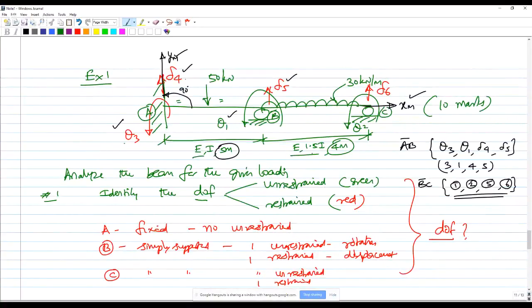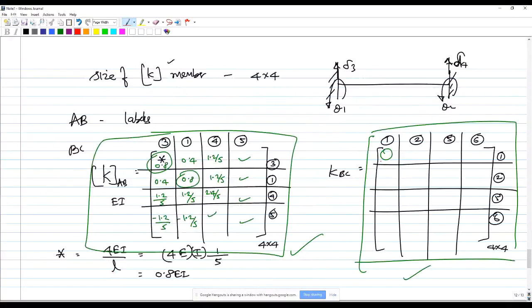However, please note this beam has 1.5 I, this beam has only I. So when you do this, I will use this 1.5 as a multiplier here. For example, this will be 4EI by L, which will be 4E into 1.5 I by 4, because the length of the member BC is 4 meters.